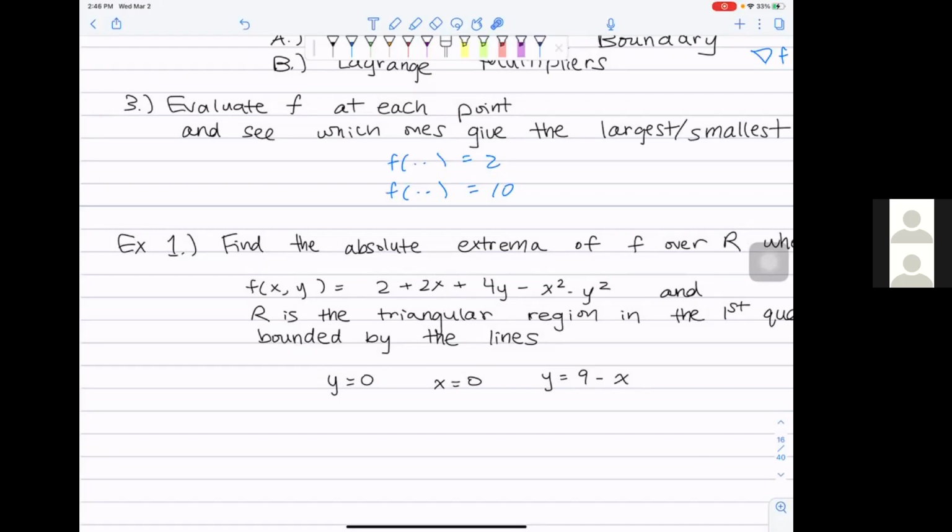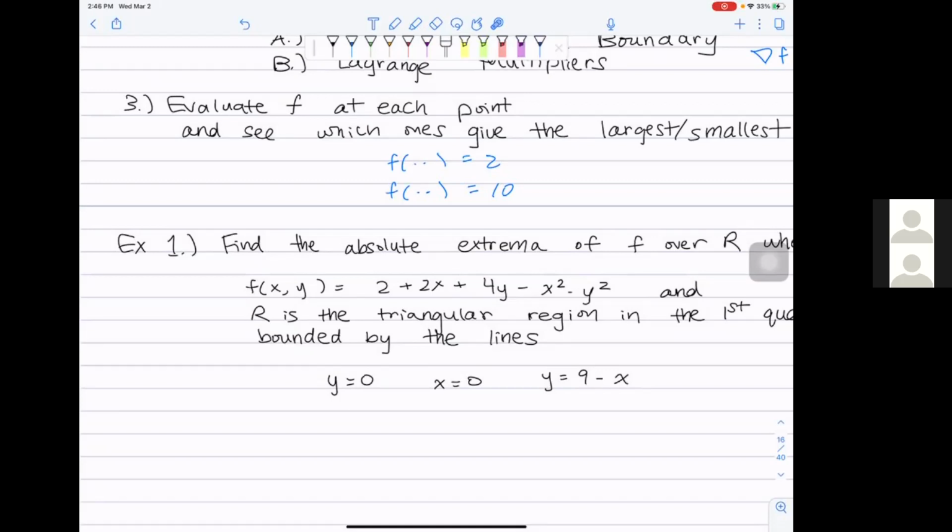Because right now, y just has to be 0, but x can be anything as long as it's from 0 to 9. So for the parameterization, we're going to choose x to be any t from 0 to 9. y is always 0, no matter what.